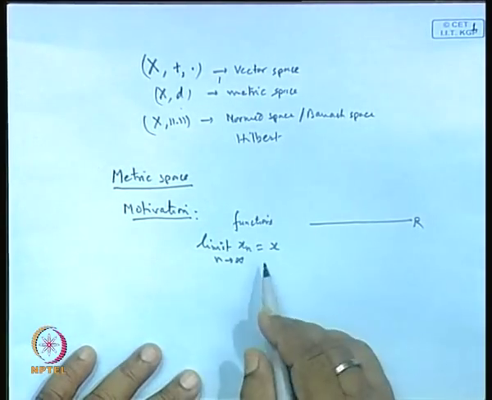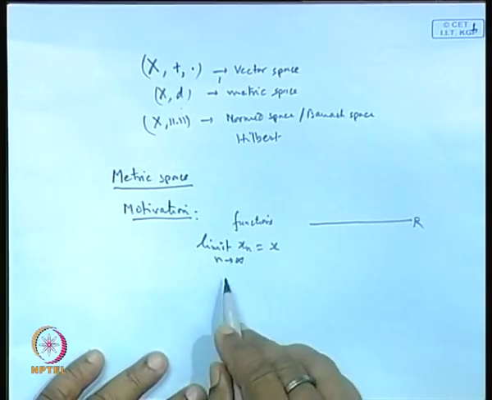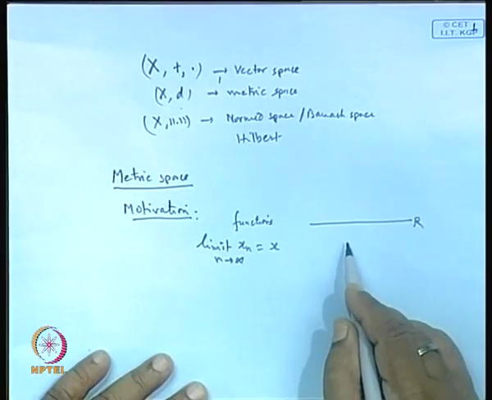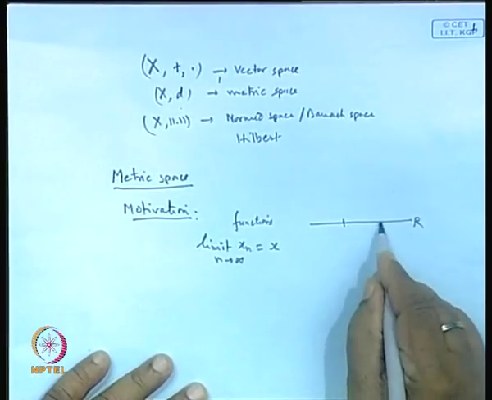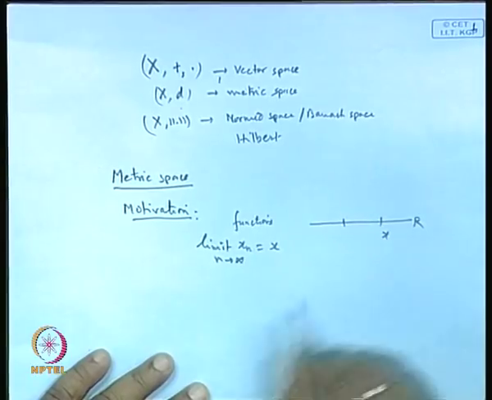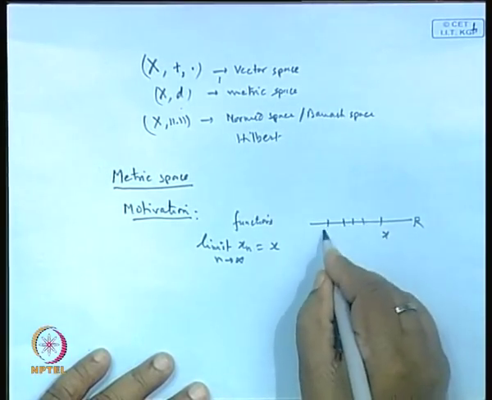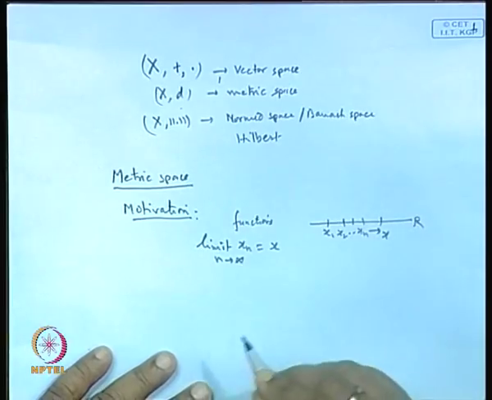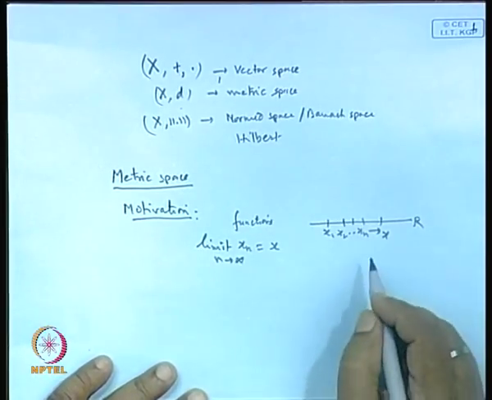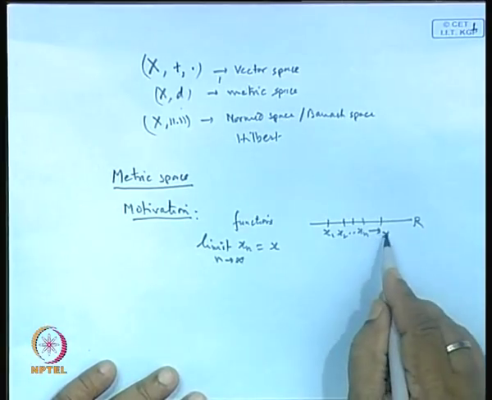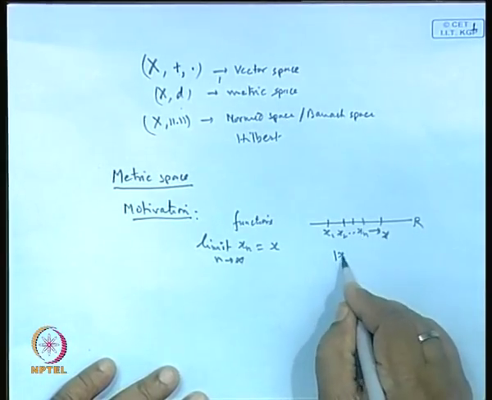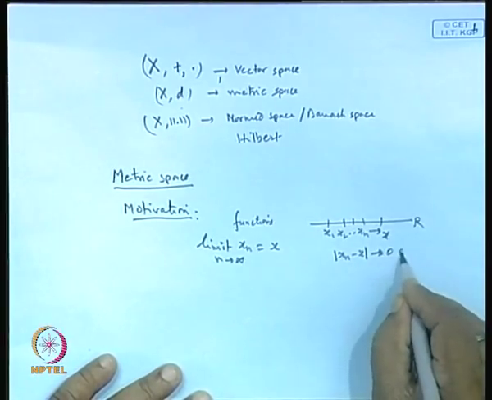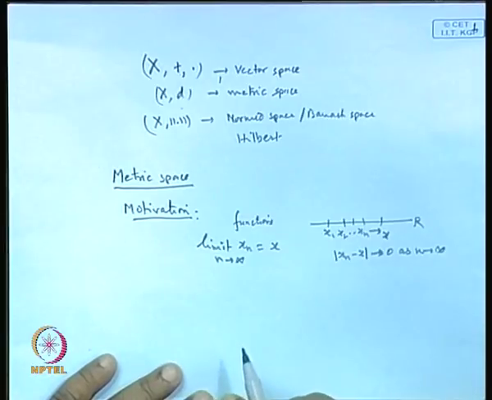What do we mean by this? It means we are using basically the idea of the distance function on the real line, because if I take this point as x and these are the points x1, x2, x_n, which are tending to x as n tends to infinity, it means the difference between x and x_n is getting smaller as n approaches infinity.